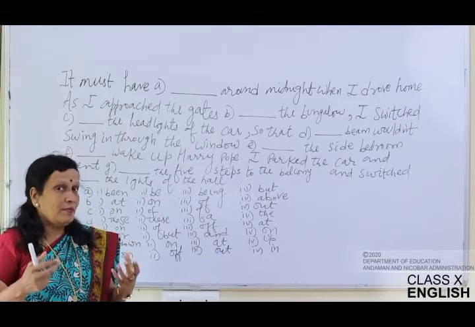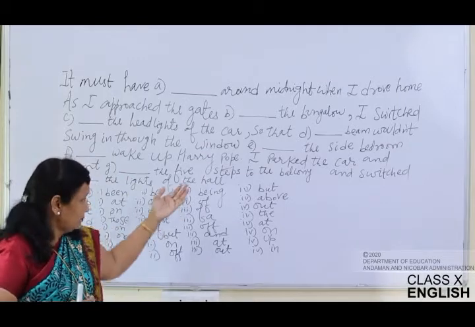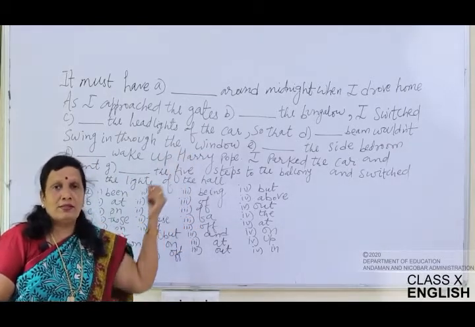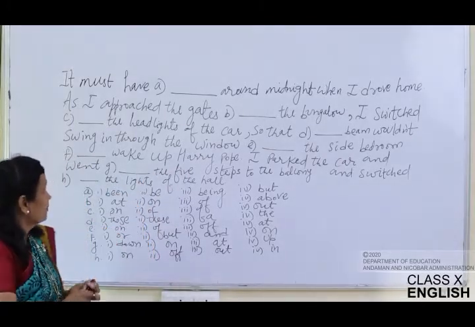So, once we try to analyze the passage quickly in our mind, it becomes easy for us to look at the options and write the correct option. Now, let us try to solve this.